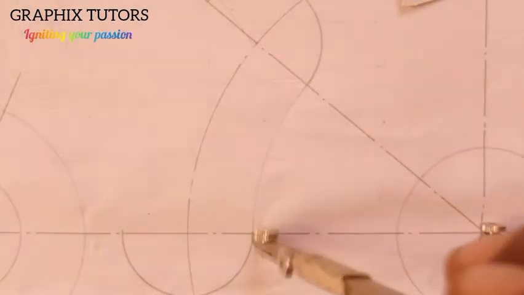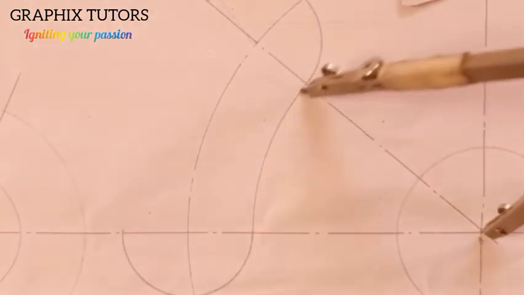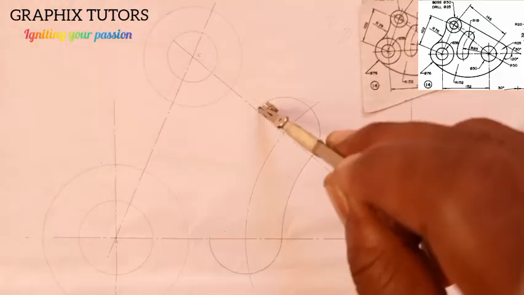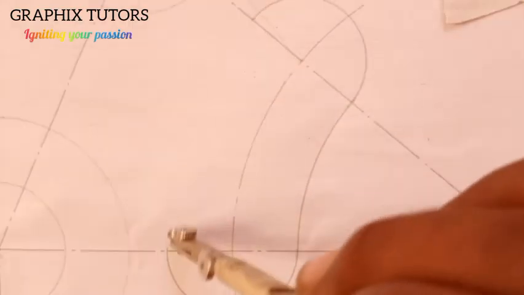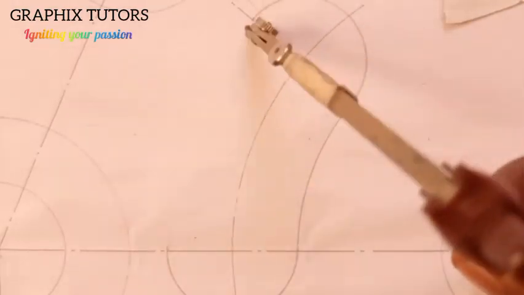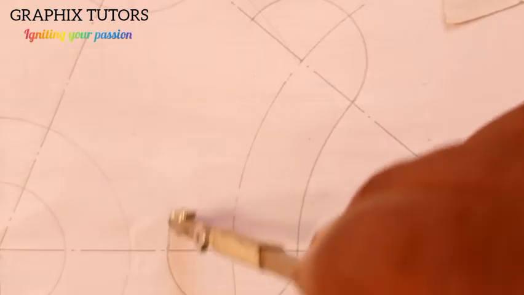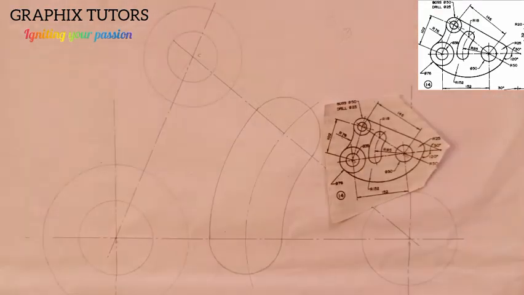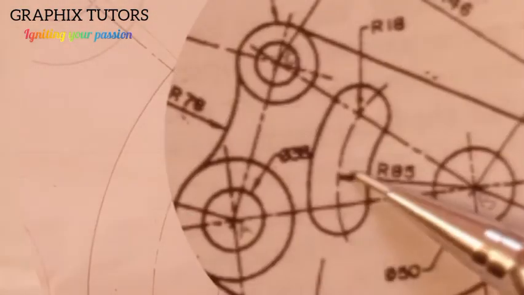So I'll place it and draw another arc, which I'm going to thicken. And I'm going to this point too. I'll connect it to the other one. You can see that? So we have successfully drawn this in.